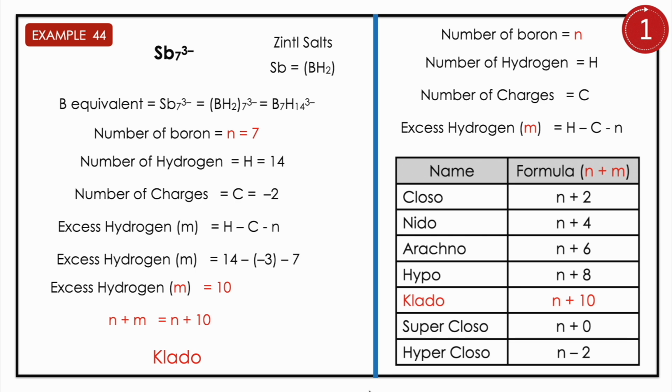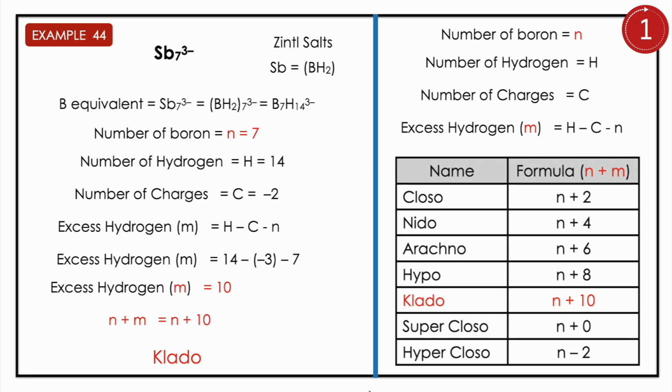Antimony equals BH2, since it is a nitrogen group compound, a 3 plus 2 system. So instead of antimony, if you write BH2, the formula becomes (BH2)7 3 minus. If you rewrite it, you have B7H14 3 minus. The compound becomes a simple borane, so we can apply Wade's rule.